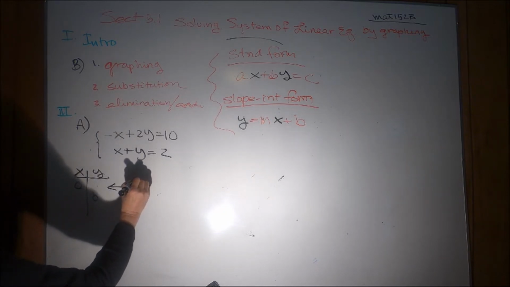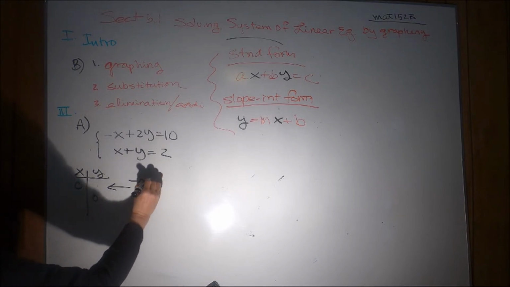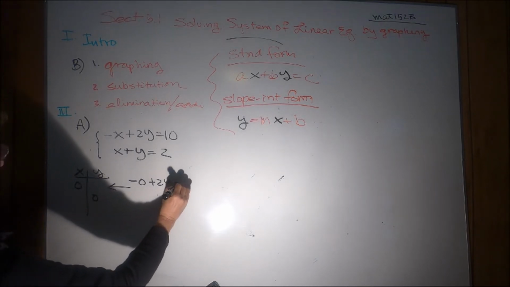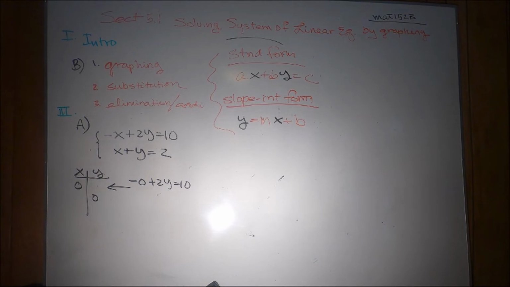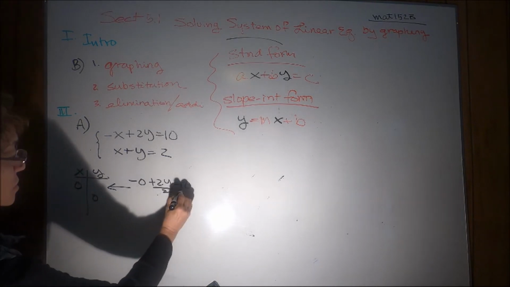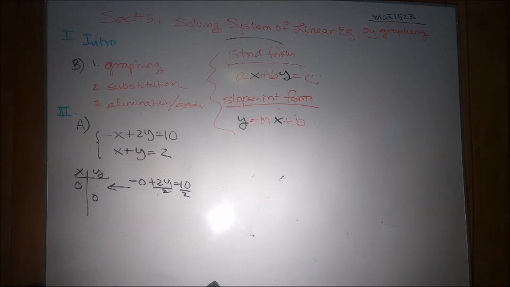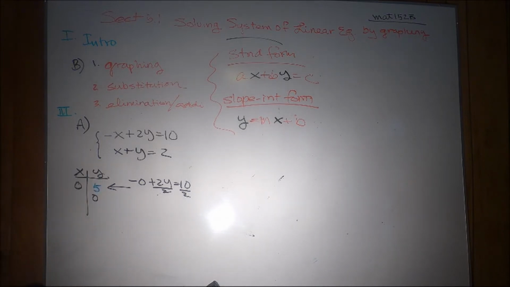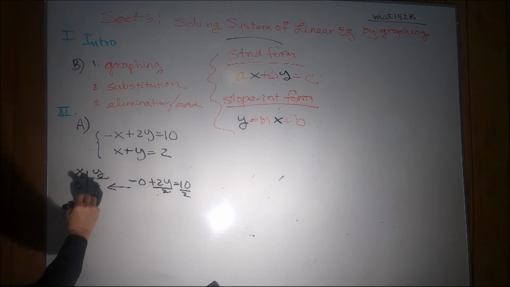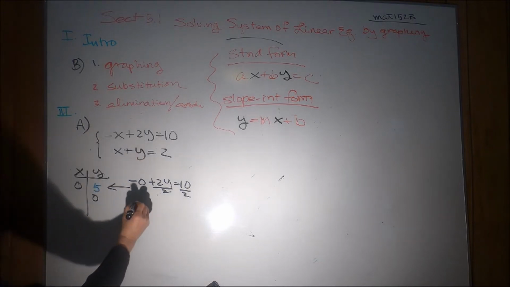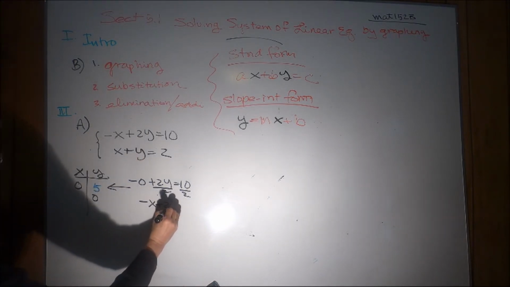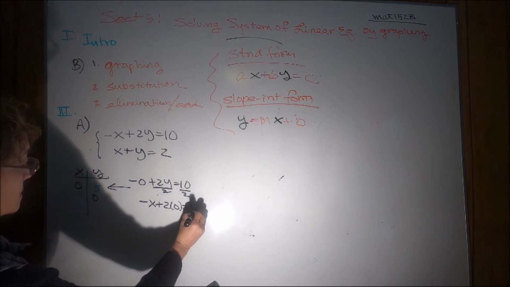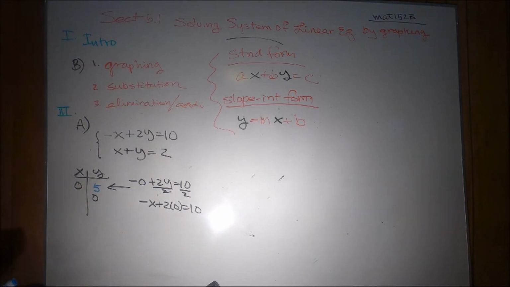So negative 0 plus 2y is 10. Then what is your y? Divided by 2, right? So that would be 5. And for y 0, you plug in, that will be negative x plus 0 equals 10. So what's your x? That would be negative 10.